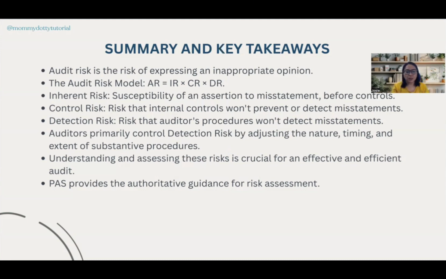So, as an auditor, para mapababa mo yung audit risk in general, yung overall niya. So, kung feeling mo may ginagawang hindi maganda si management or feeling mo yung business na yon is very susceptible sa theft or sa fraud or sa errors, ikaw bilang auditor, you need to do more checking.